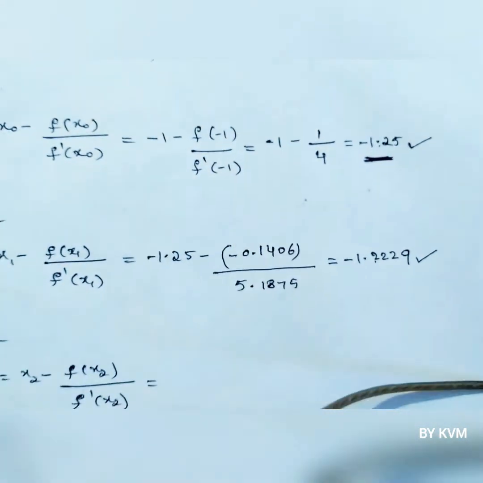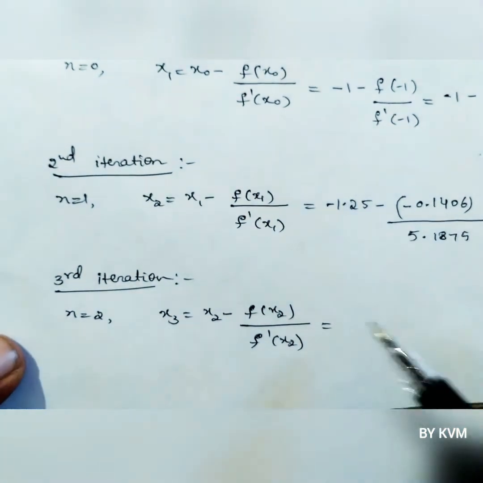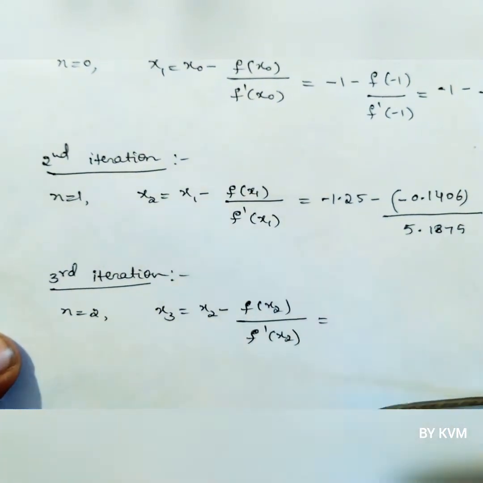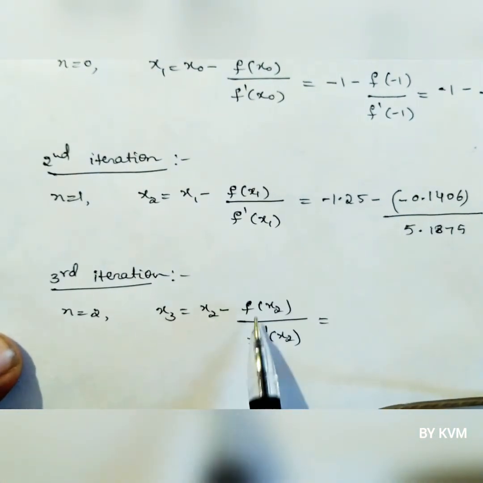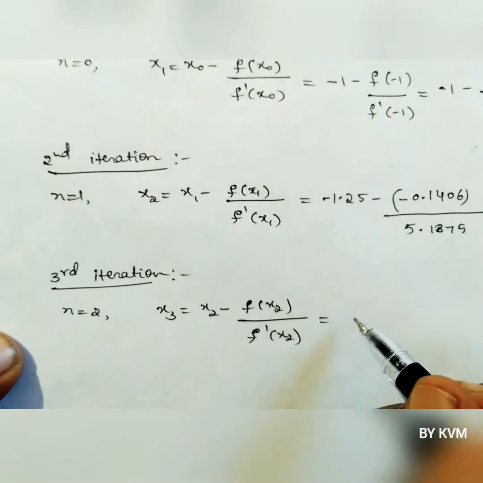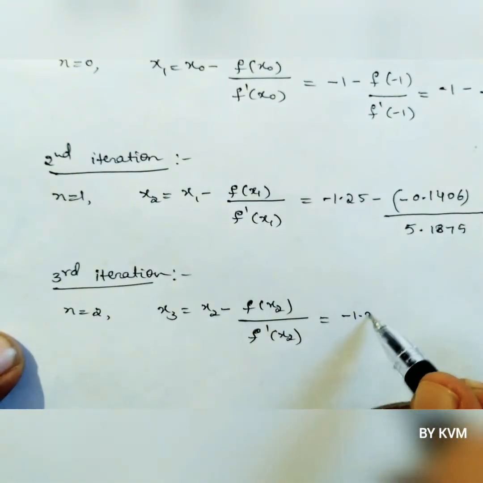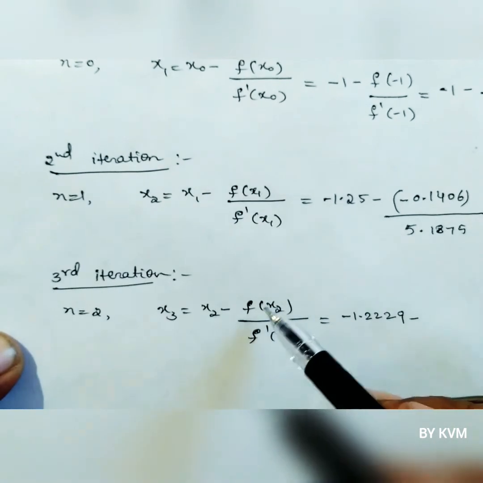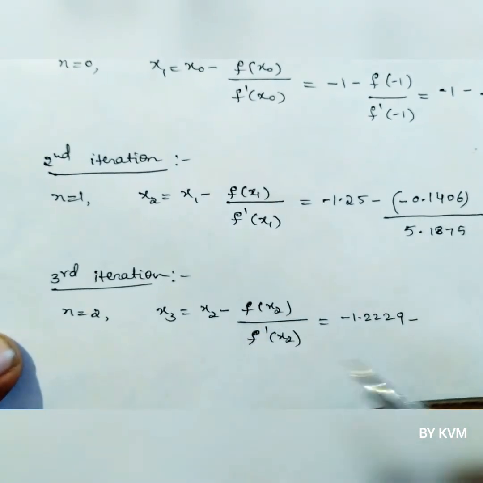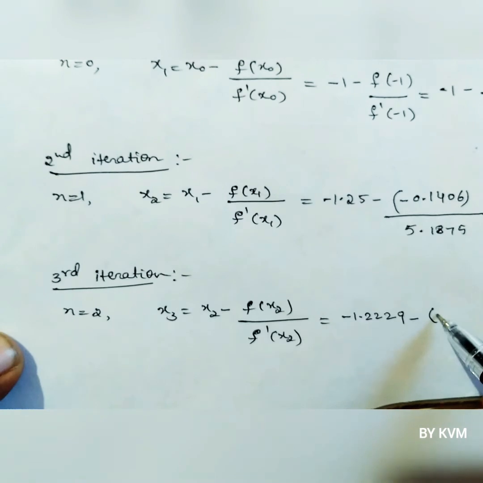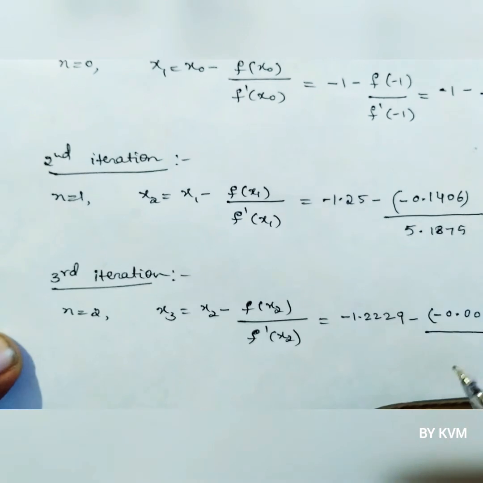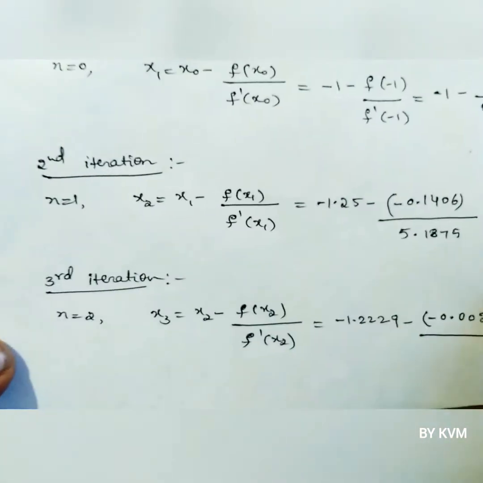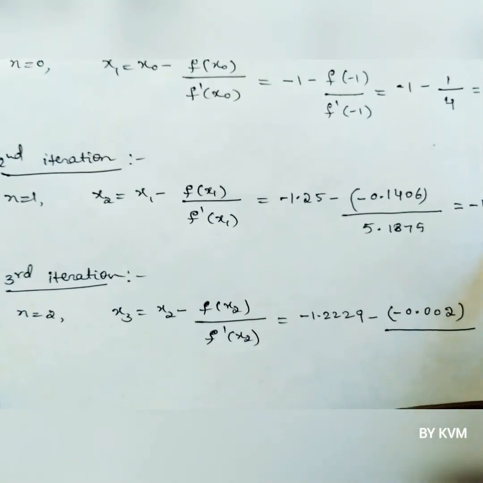Now we have to improve the accuracy. So now x3, third iteration, take n equals 2. The formula becomes x3 equals x2 minus f of x2 by f dash of x2. So x2 is minus 1.229, minus f of x2. f of x2 we get minus 0.002, whole divided by f dash of x2, that means f dash of minus 1.229.